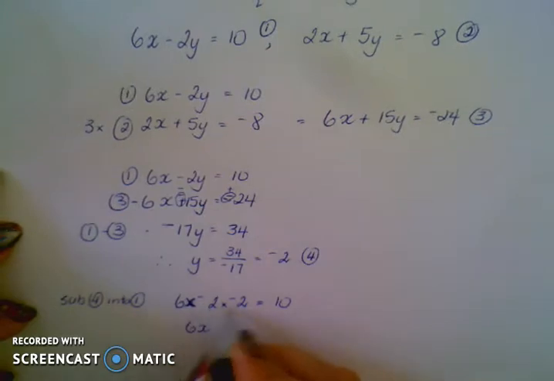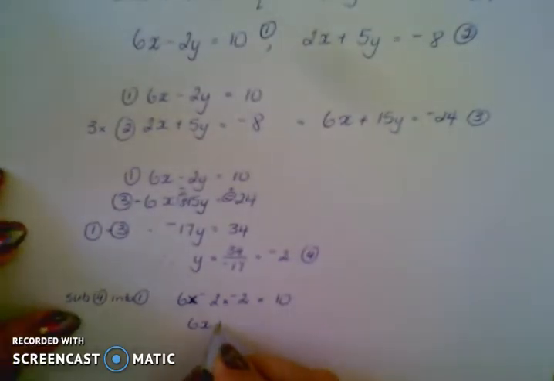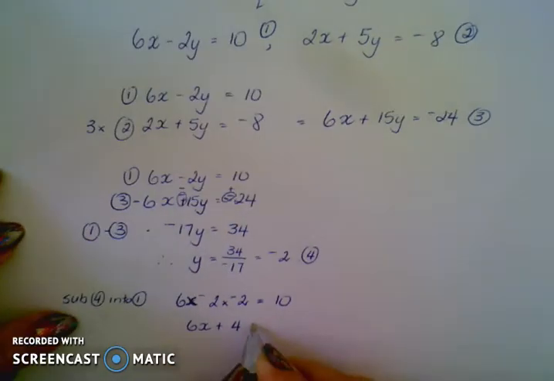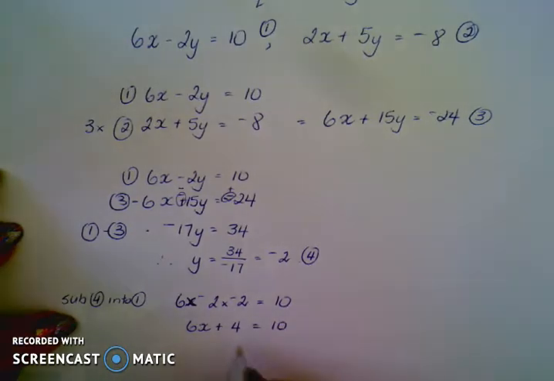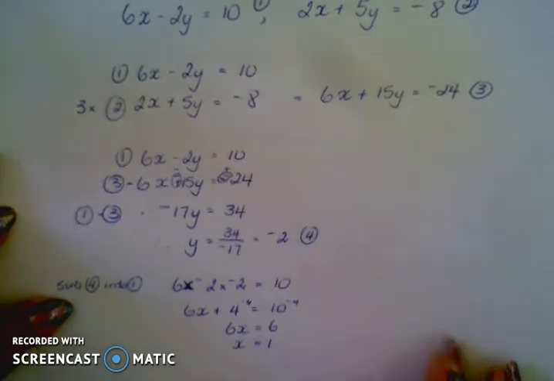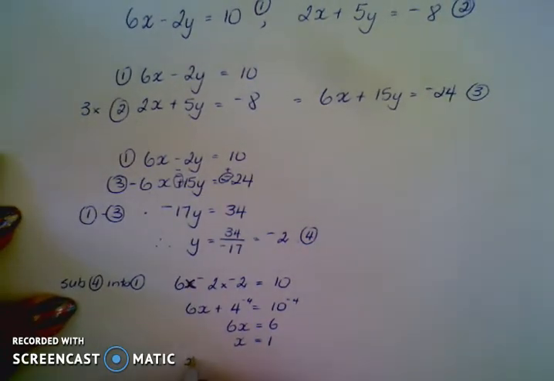Minus 2 times minus 2 is plus 4, which is equal to 10. So 6x is equal to, if I take 4 from both sides, I'll get 6, and x is equal to 1. So now I have my answer, or what I think is my answer, and that is therefore x equals 1 and y is equal to negative 2.